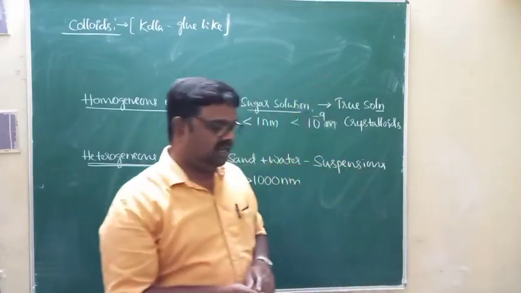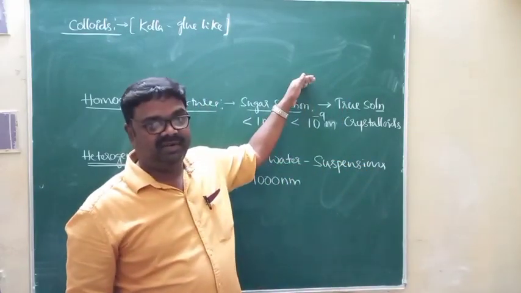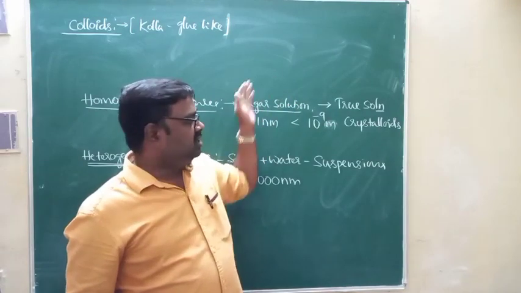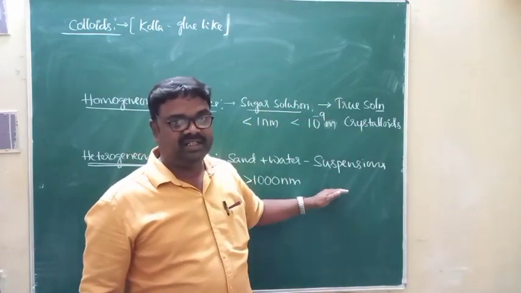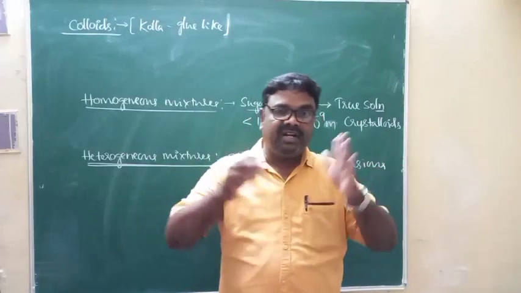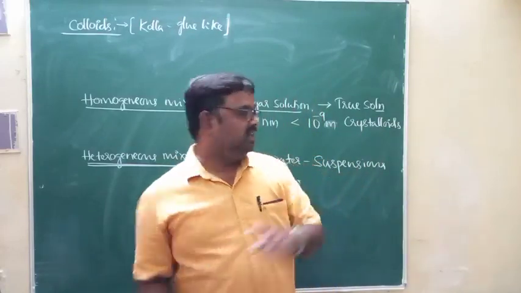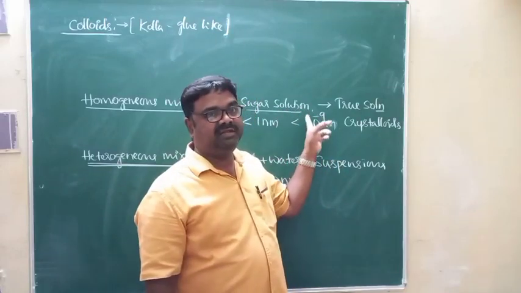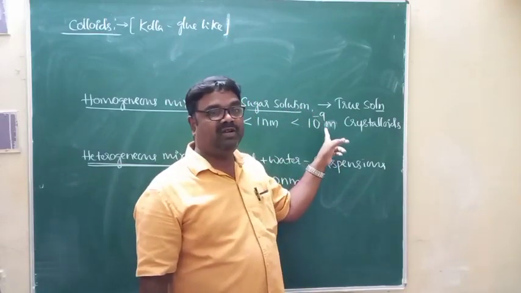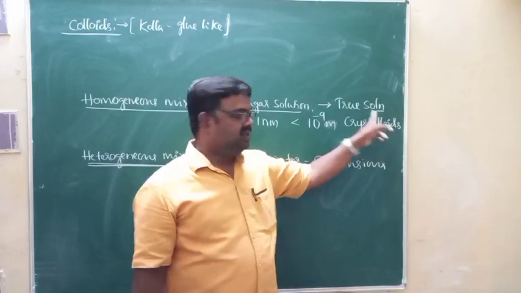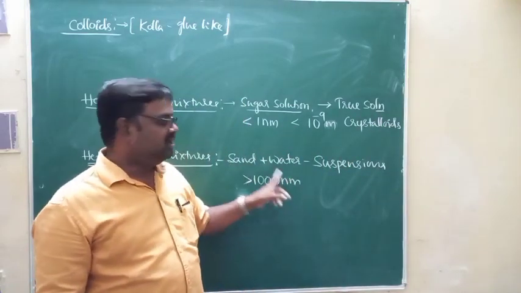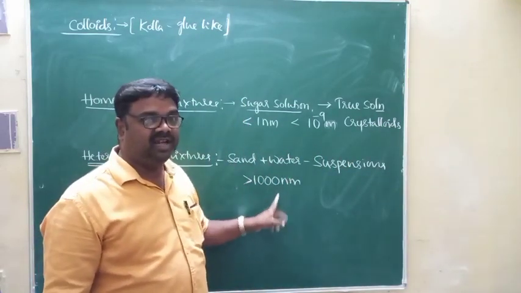And of course, the classification of mixtures into true solutions, suspensions and colloids is completely based on the size of the particles in one particular medium. In the case of true solutions, the size of the particles will be less than 1 nanometer. Whereas in suspensions, the size of the particles will be greater than 1000 nanometer.